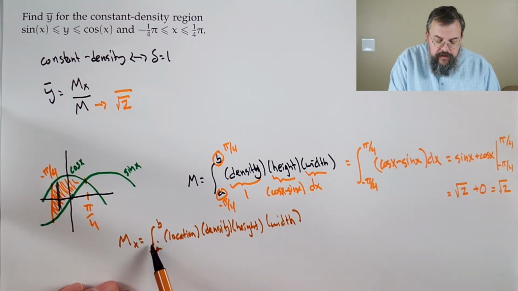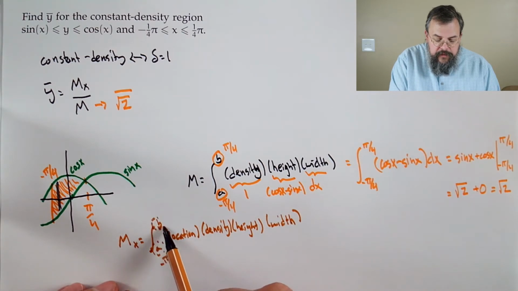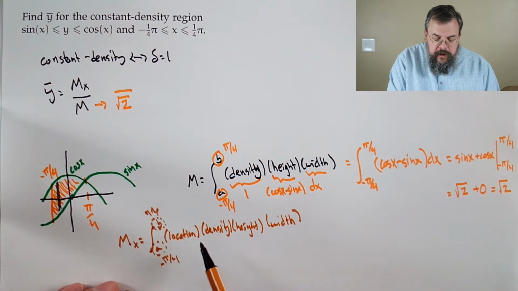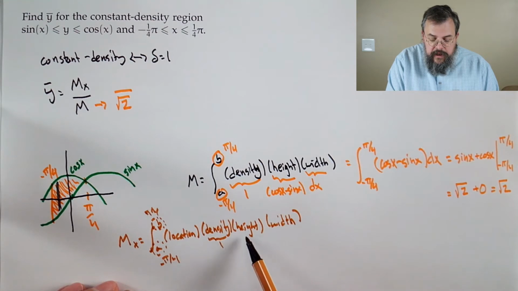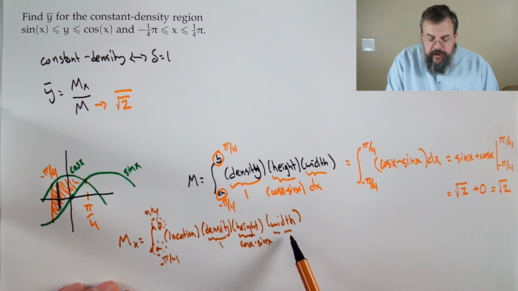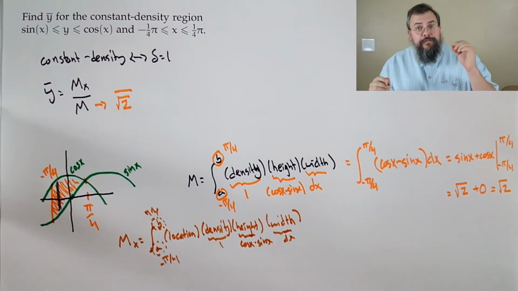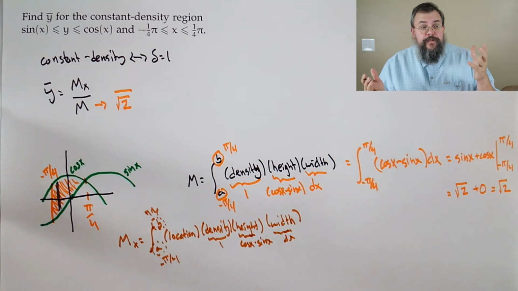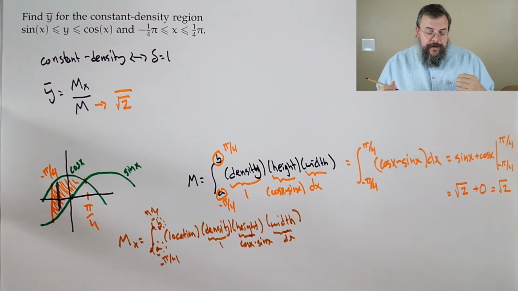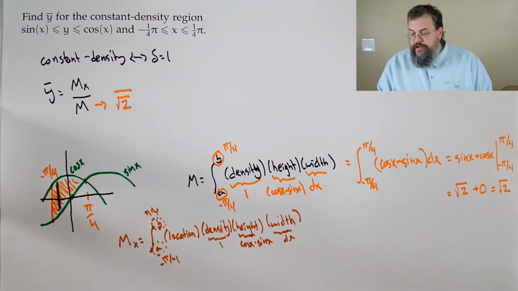A lot of our setup is the same. So we still have negative pi over 4 to positive pi over 4. That's great. Our density is still 1. Our height is still cosine minus sine. Our width is still dx. The only new piece that's being added in is location. Now, what should the location be?